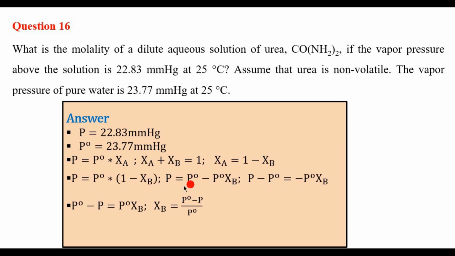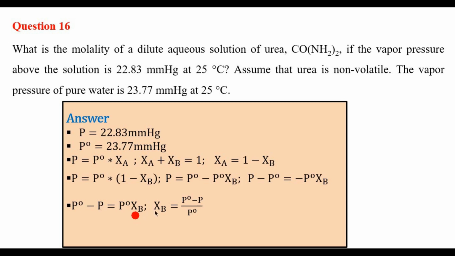Then we push this one to the other side, P minus P0, which will be equal to this one. If we multiply by the negative on both sides, we get P naught, the vapor pressure of the pure solvent, minus the vapor pressure of the solution, which is equal to this term.